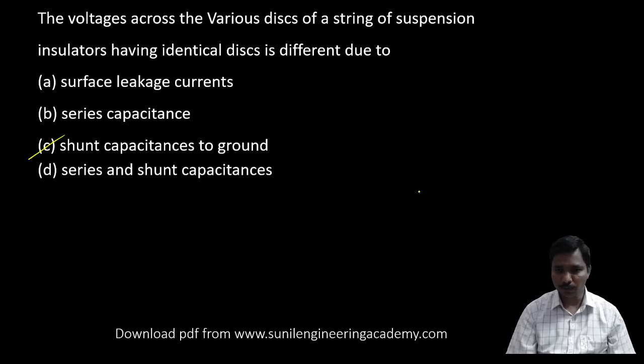How does the voltage distribution work? For example, here is the pole, and from the pole we have the cross arm, and here we have our conductor.